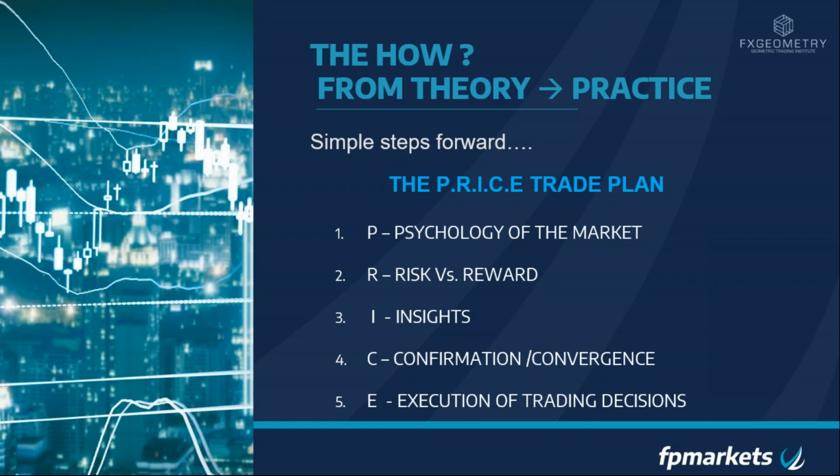Okay, and then we're looking into the fourth step, where we confirm, looking at the convergence, looking at all the elements and the information that we've gained throughout step 1 right up to step 3, whether they match out to give us a clearer picture of the overall market's trend and sentiments. We want to understand whether or not we are in a risky environment, whether investors and traders are taking their assets and putting them into risky assets that are driven by greed, or are they taking their investments out of risky assets into less risky or safe haven.